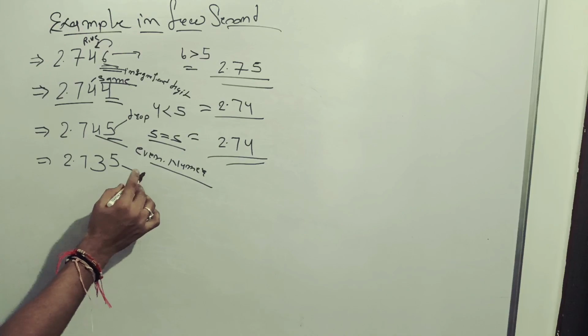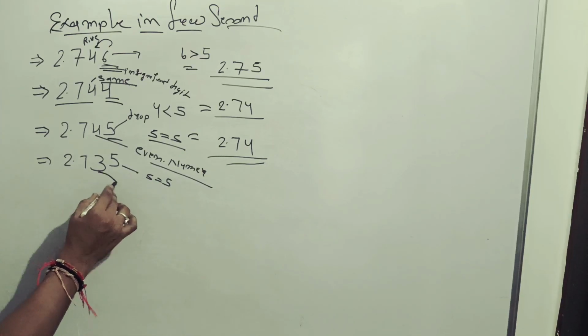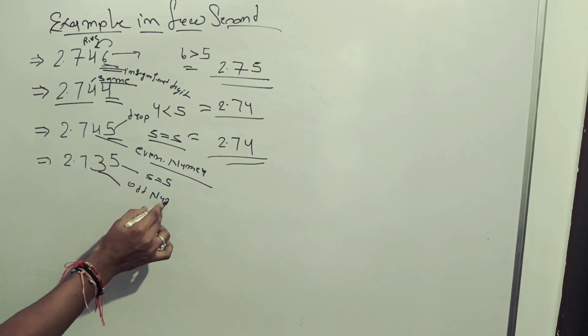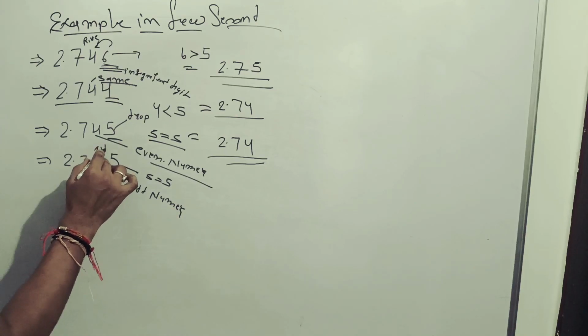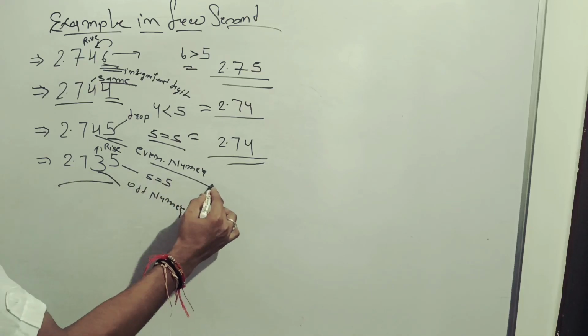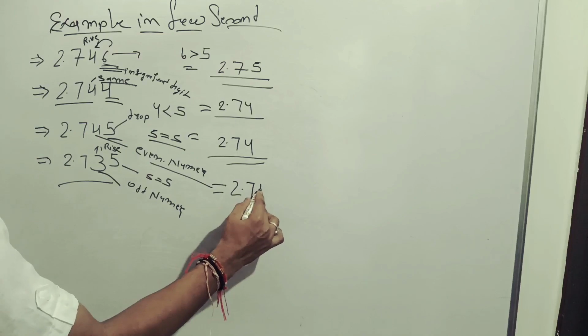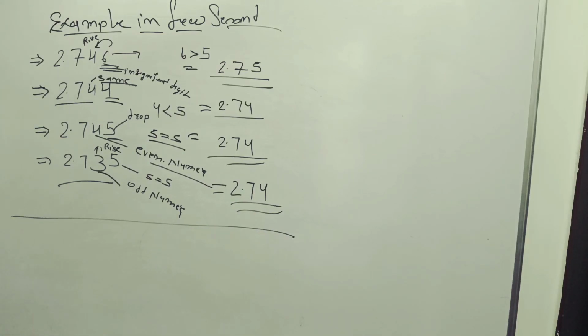And for 2.735, the 5 is equal to 5 and the preceding value is odd, so the result is 2.74 because the odd number is raised by 1. That is the answer, and all four questions apply the four rules.